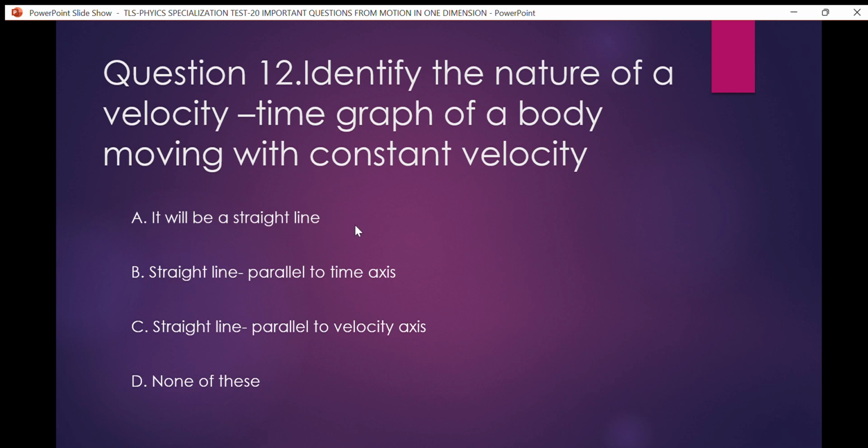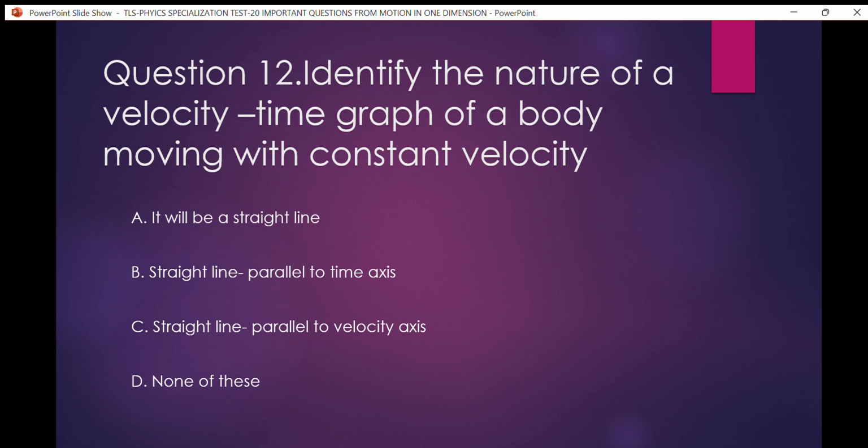Option A, it will be a straight line. Option B is straight line parallel to time axis. Option C, straight line parallel to velocity axis, none of this. So I think it will be a straight line, but the best fit option will be option B, straight line parallel to time axis. That's the correct answer.